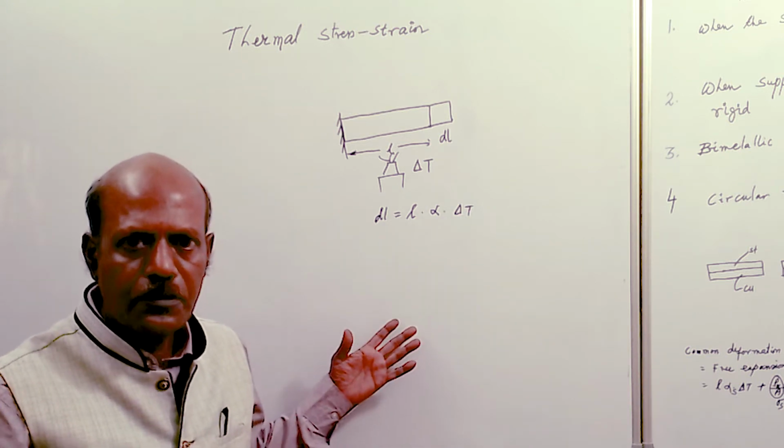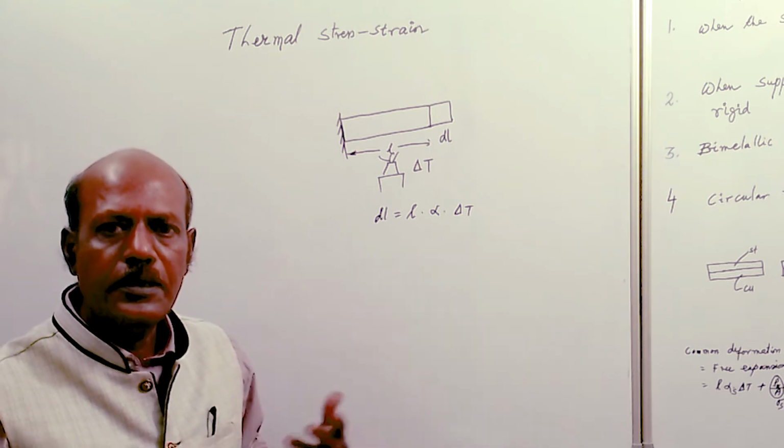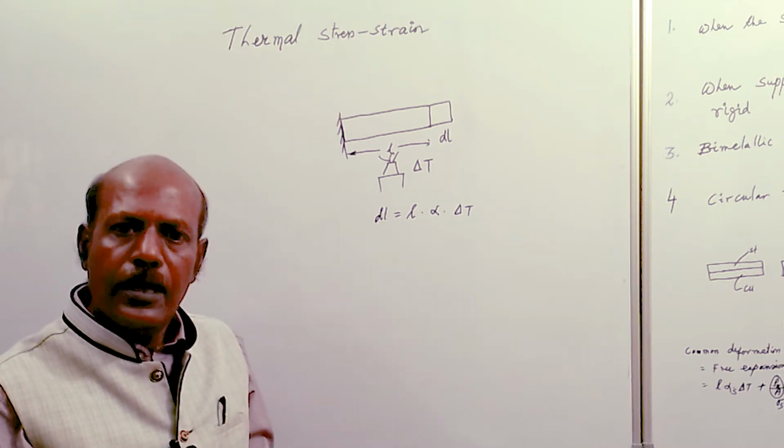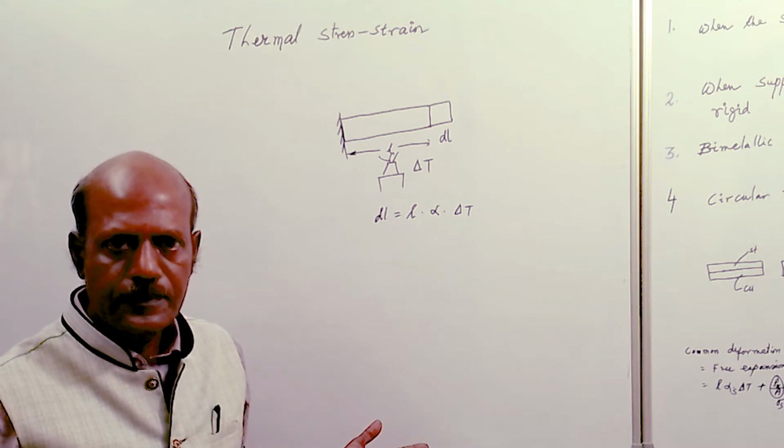It is the thermal expansion coefficient, and delta T is the rise in temperature. So L alpha delta T is the deformation produced because of this temperature difference delta T.